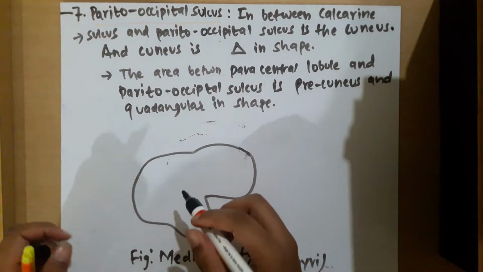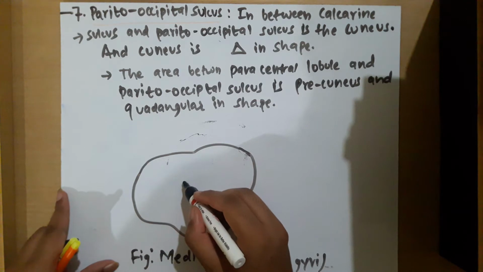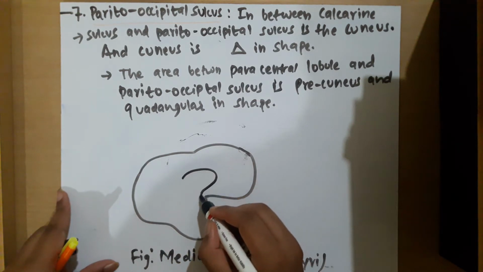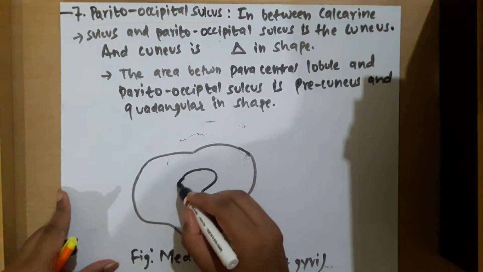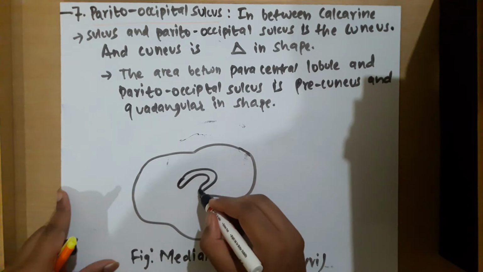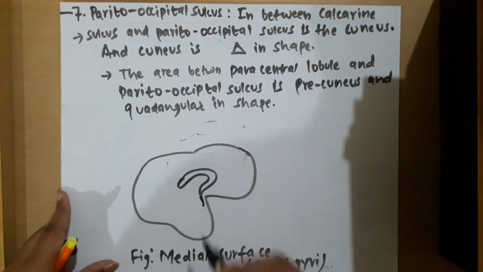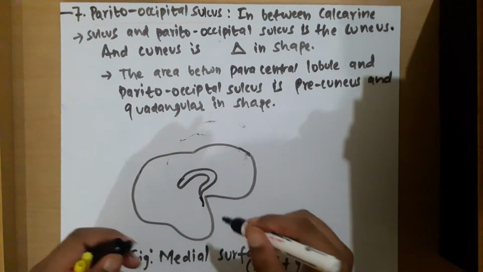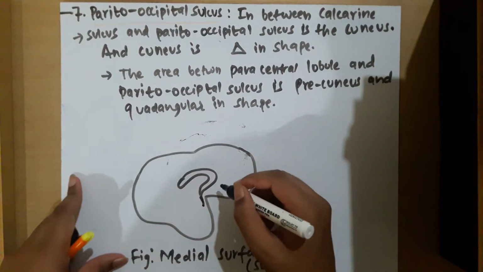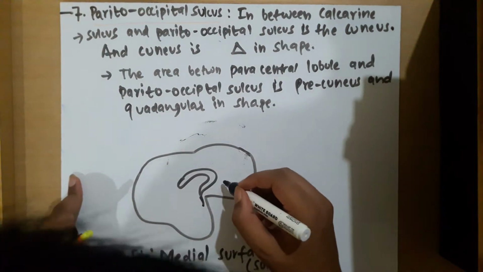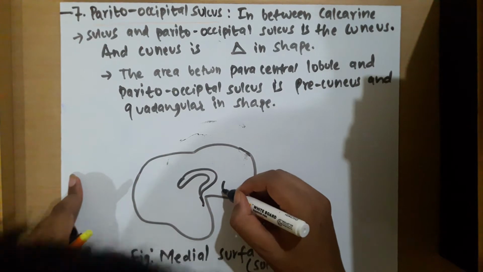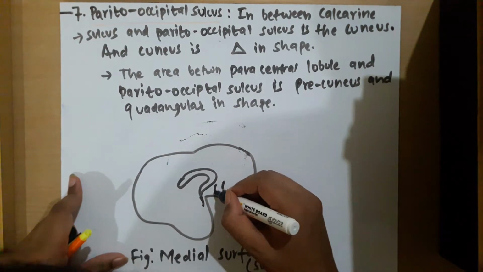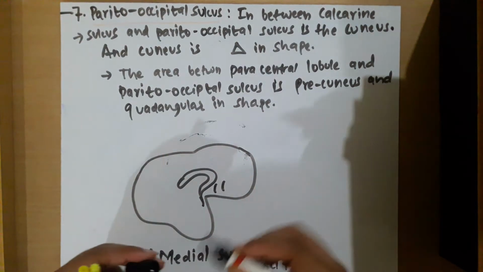Okay, so first we should show the corpus callosum. So if this is the corpus callosum, the first two sulci are the anterior and posterior paraolfactory sulci.